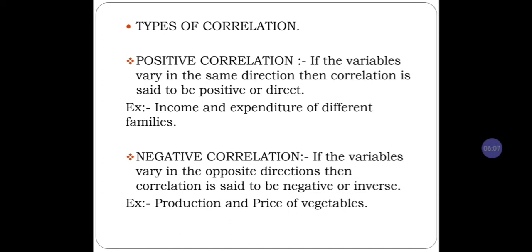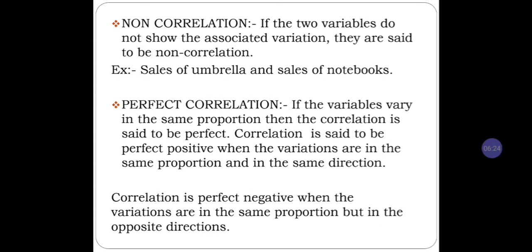For example, production and price of vegetables. If production is more, the price of vegetables will decrease. If production is less, the price of vegetables will increase. So it is in opposite directions.